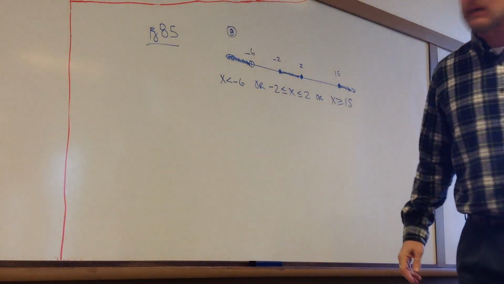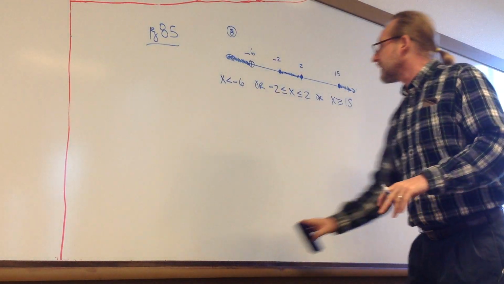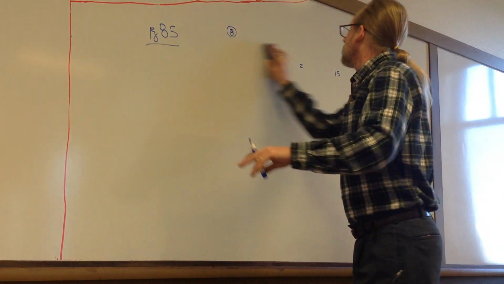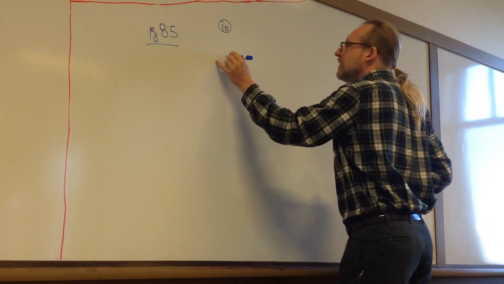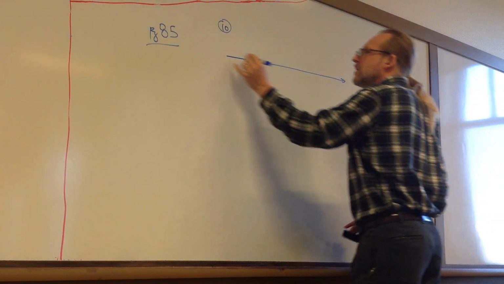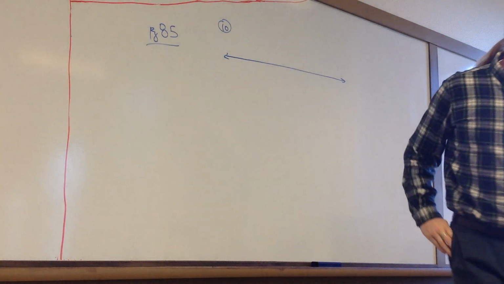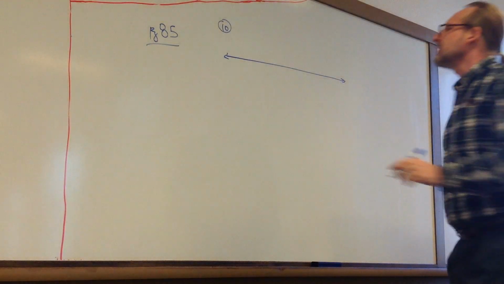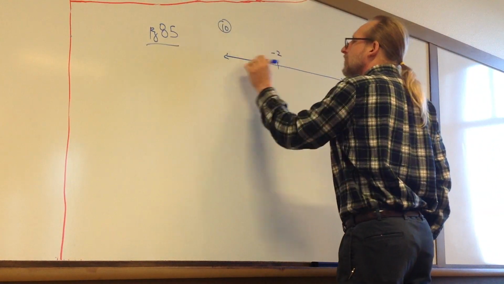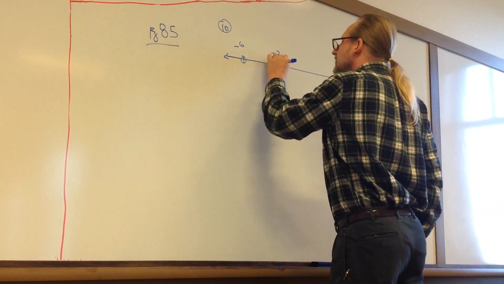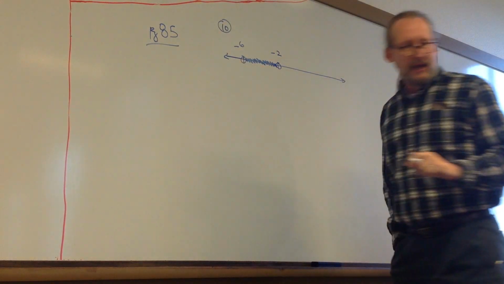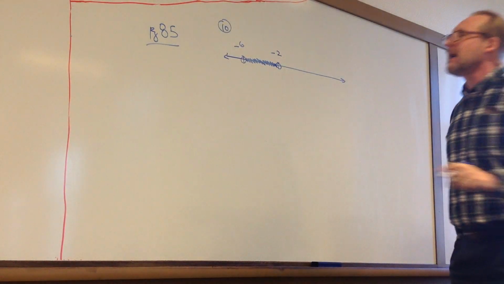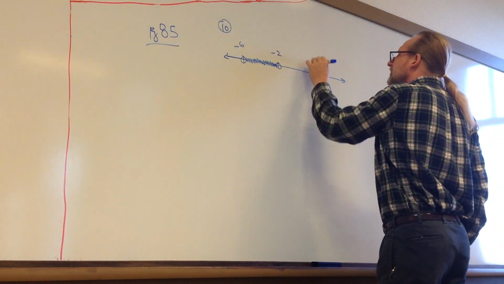Now let's take a look at a couple that are a little bit trickier. Problems 10 and 12 have issues that we haven't seen yet in these problems. So let's talk about them. In problem 10, we've got this interval from -2 out to -6. And then we've just got this dot out over at +3.